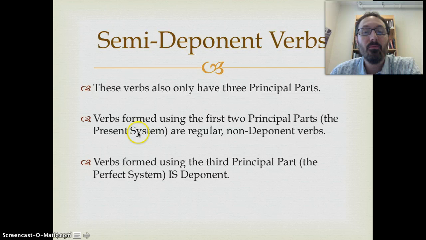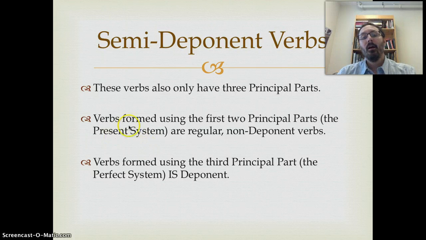And that's in the present system. That's any form of that verb that's built off of the first two principal parts. But anything that's built off of the third principal part, which of course is also known as the perfect system, that's going to include anything that is perfect, pluperfect, or future perfect, is deponent. And that's where we get ausus sum, right? Which is of course perfect, indicative, first person singular.